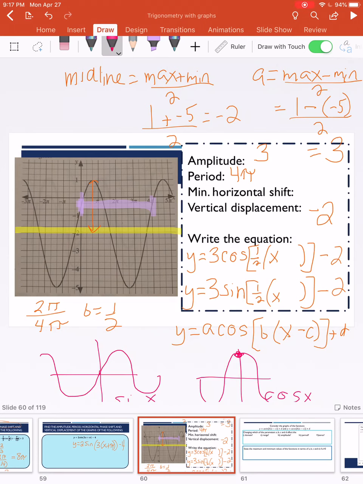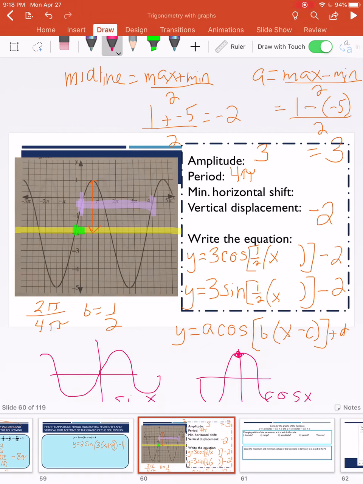So that's where you're going to shift from, is from that y-axis. For the sine graph, I'm going to shift to the midline and make sure I'm shifting to the point in the midline where the graph goes up. So when I look here, and I'm going to use a different color, here's my midline. So I start at the midline, and there's where my graph shifts, right? That's where the graph is on the midline, and I see it goes up and then goes down. So that's where I want to move that to the y-axis so it looks the same as my sine graph.